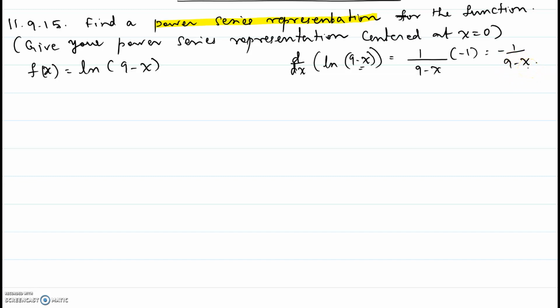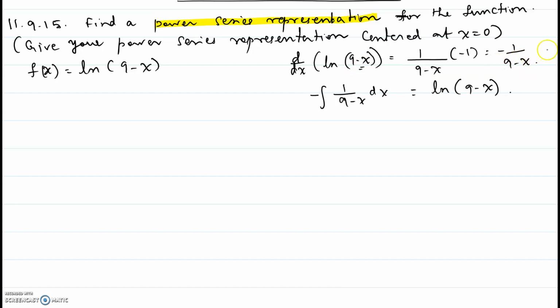Right? So if I integrate this negative 1 over 9 minus x with respect to x, what I would get would be ln of 9 minus x. The derivative of ln of 9 minus x is negative 1 over 9 minus x.